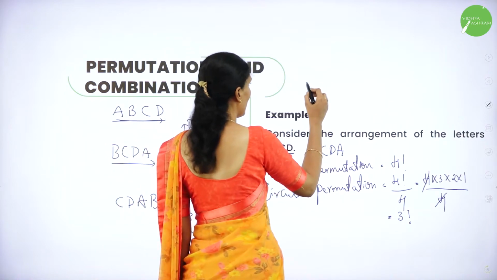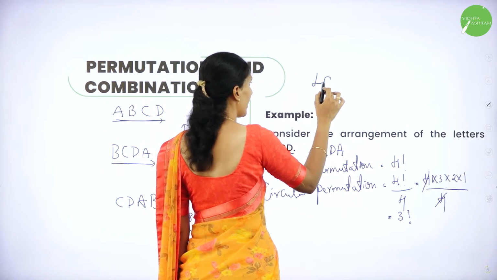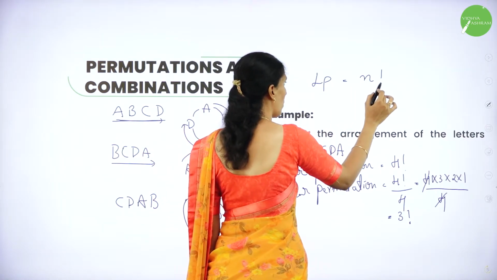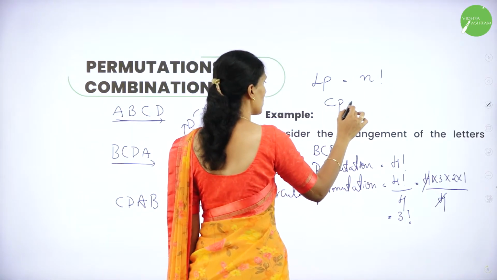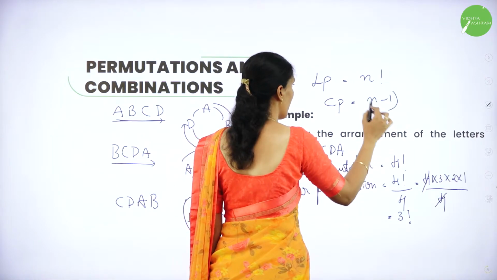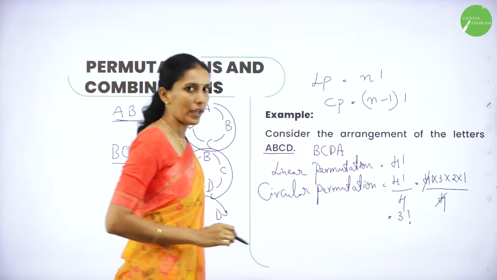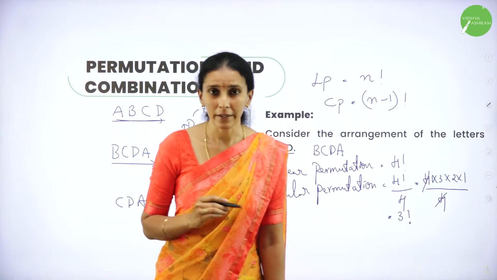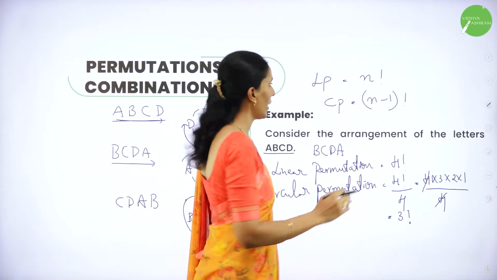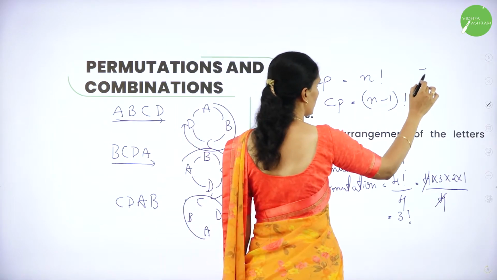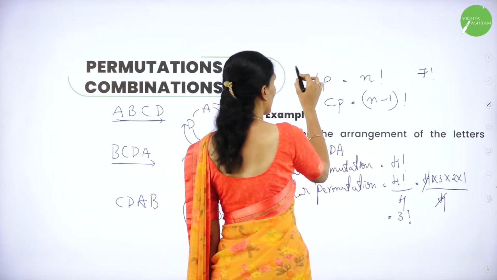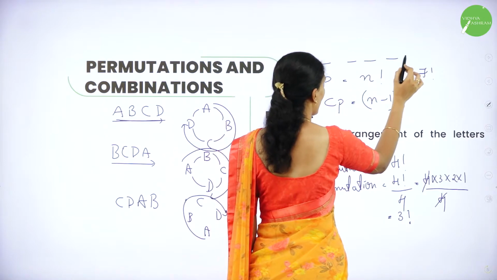So in general, if a linear permutation for n different objects is n factorial, then in circular permutation, it is always n minus 1 factorial. Suppose you have 7 different people to be arranged. In linear permutation, it is 7 factorial: you arrange like this, 1, 2, 3, 4, 5, 6, 7.